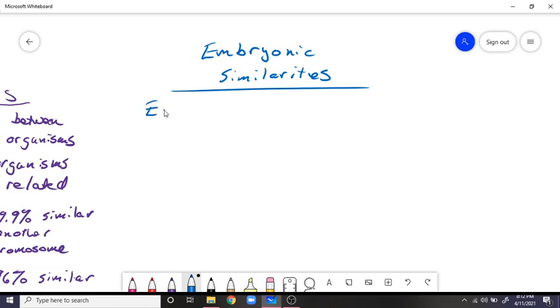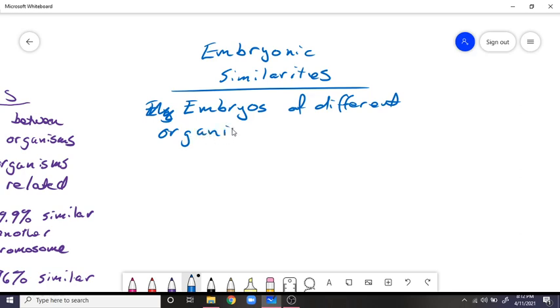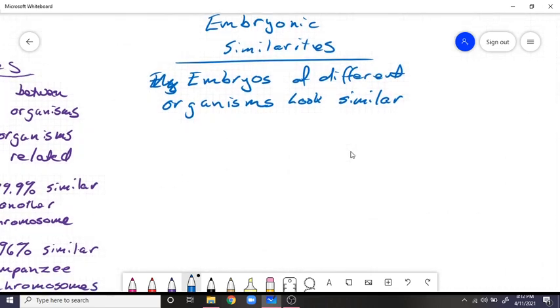So folks have found that embryos of different organisms look similar. Meaning if you had an embryo of 4 different organisms all under the microscope, they would all look very much the same.